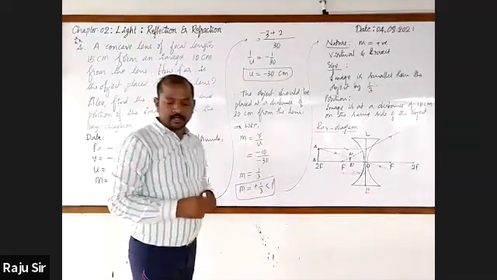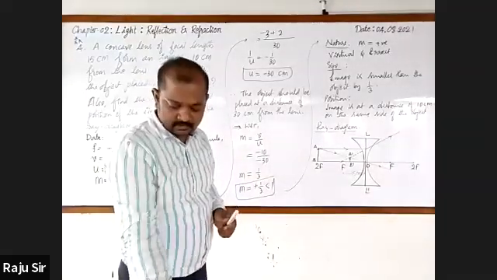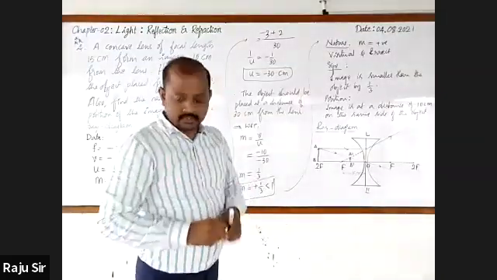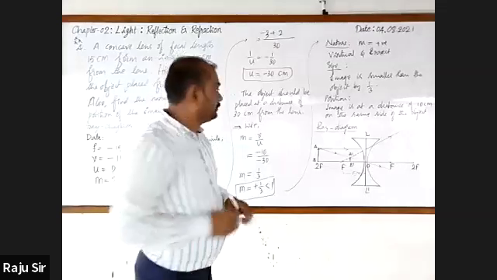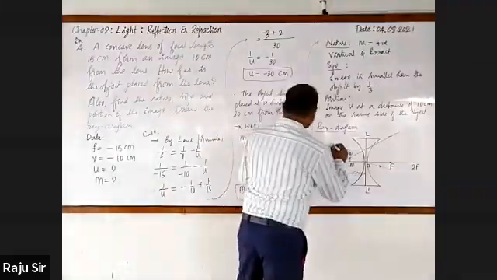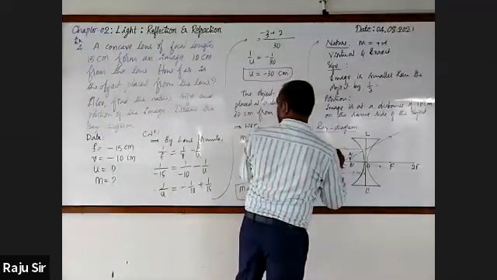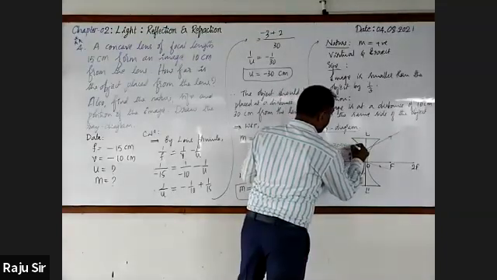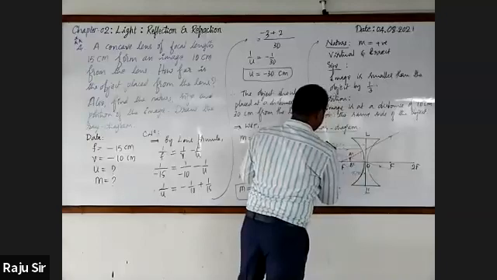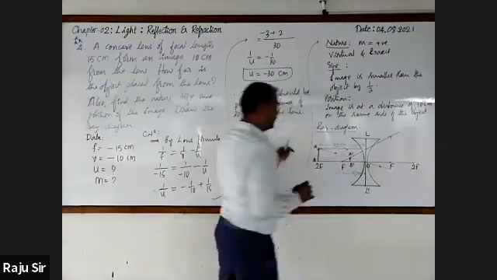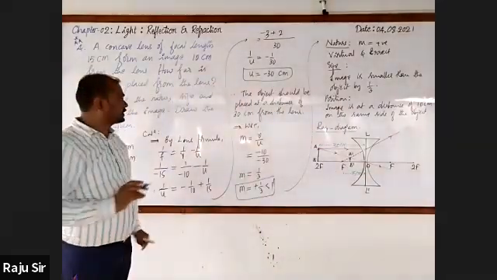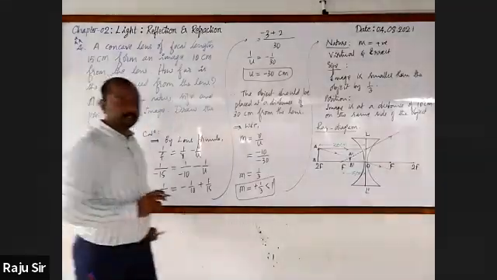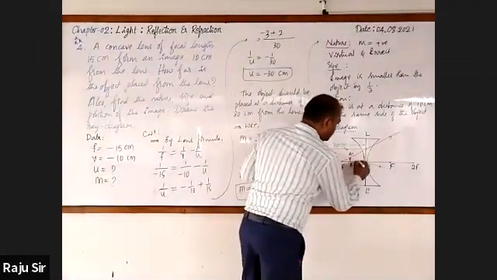Now let us mark the remaining distances. Object distance. Object distance is how much? 30 centimeter. Focal length is shown. Next, image distance. They won't have given it, it is 10 centimeter.